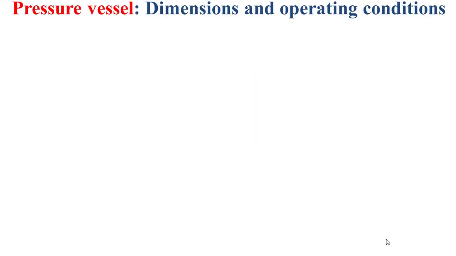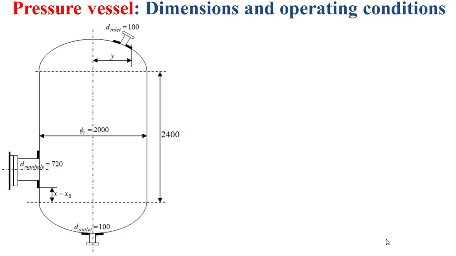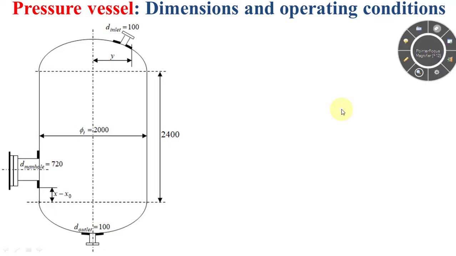Okay, let's go. Let's consider that we have a pressure vessel, of course, with certain dimensions and certain operating conditions. The figure that you see depicts the pressure vessel. Let's notice that the pressure vessel can be simply seen here as a cylindrical shell plus two ellipsoidal formed heads, plus a certain number of nozzles.